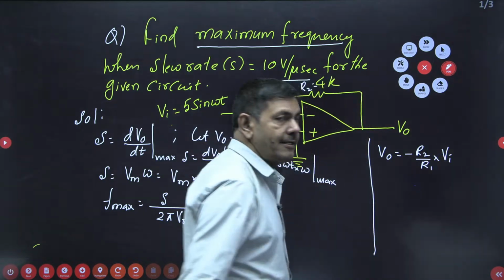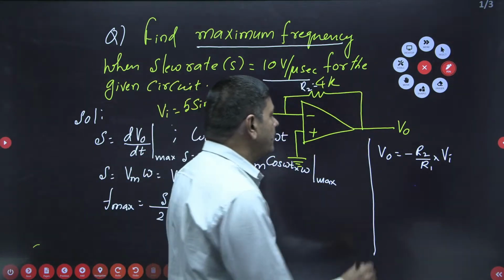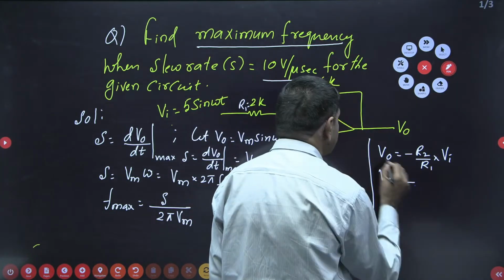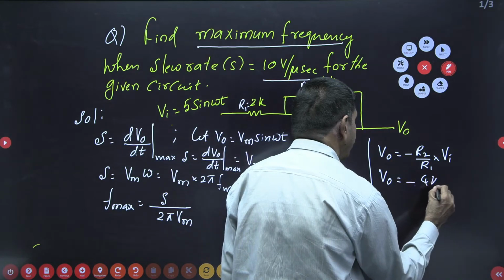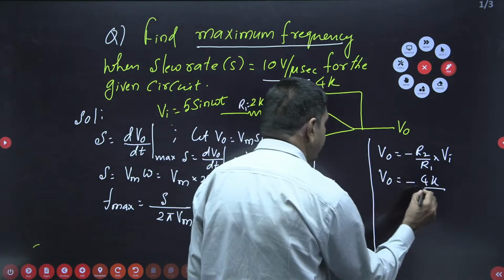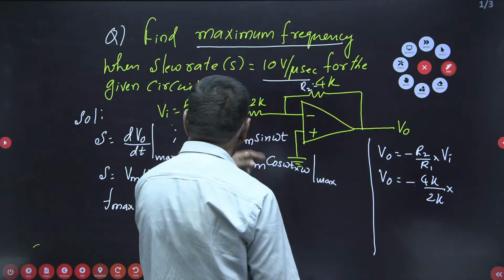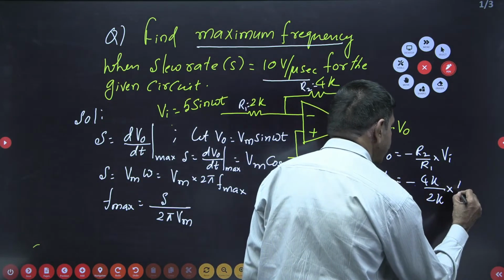Directly I can use this formula to find the V0 value. Minus R2 is 4K, R1 is 2K, Vi is 5 sin omega t.